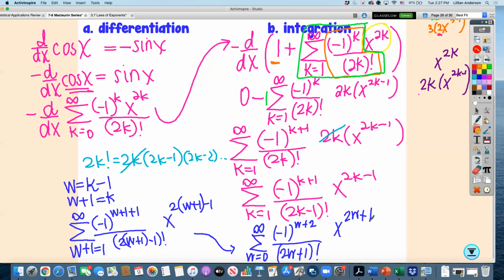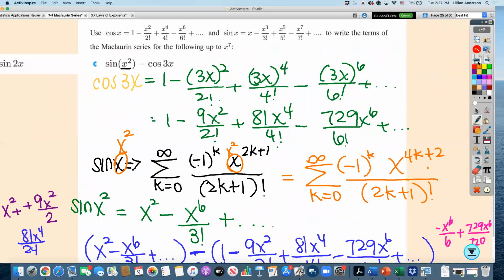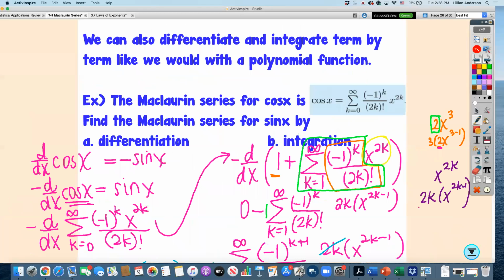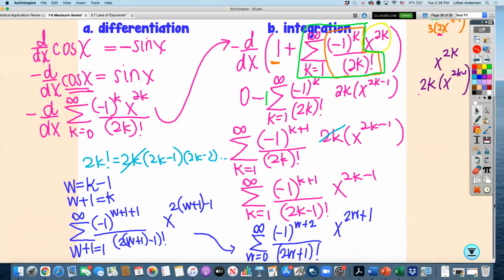Now, the last thing, just to remind you, what was in the black is the Maclaurin series for sine. We essentially have everything exactly how it is, except w instead of k. And this part right here should just be a regular W. Right now, we have it as a W plus 2. So I'm going to change it just to a regular W.